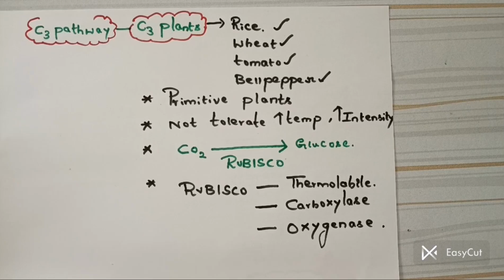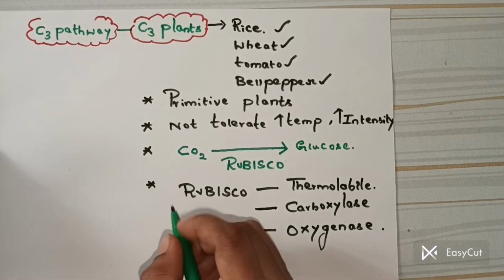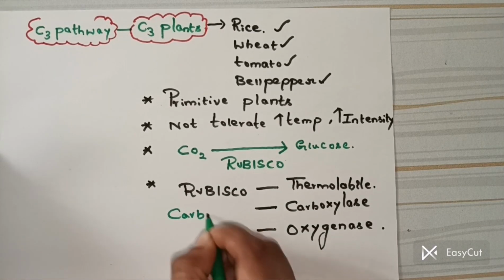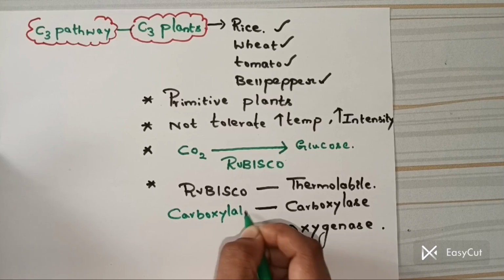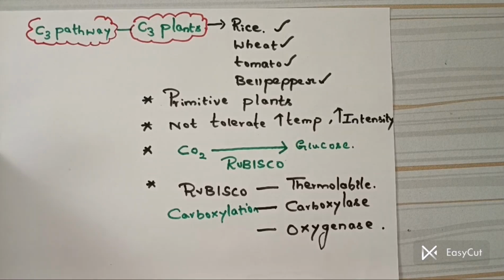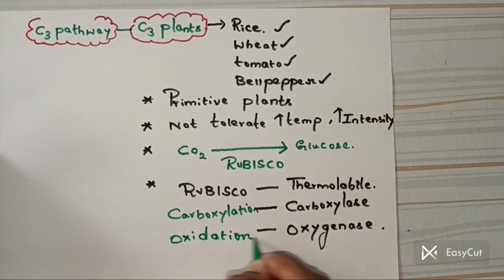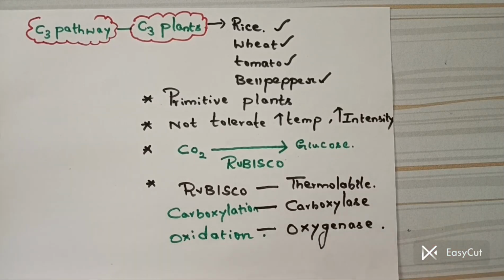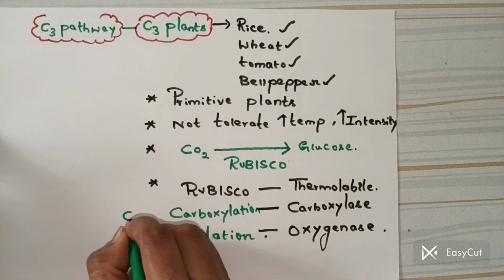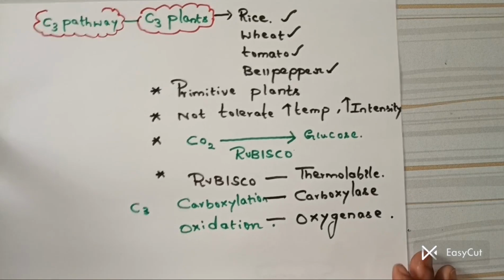You tell me, bache, the carboxylase enzymes are the ones involved in carboxylation, isn't it? Yes. But the oxygenase enzyme is going to be involved in oxidation. The carboxylation, here I'm going to call it the C3 pathway.